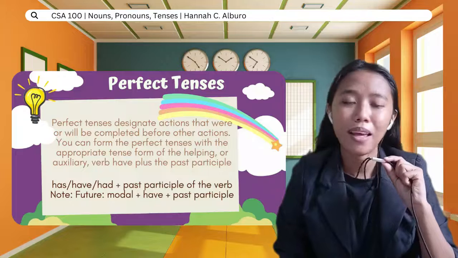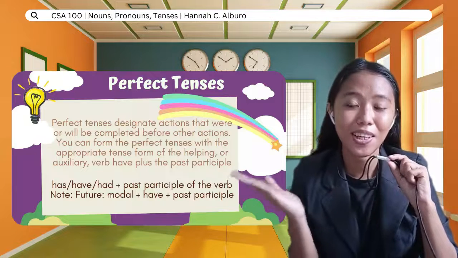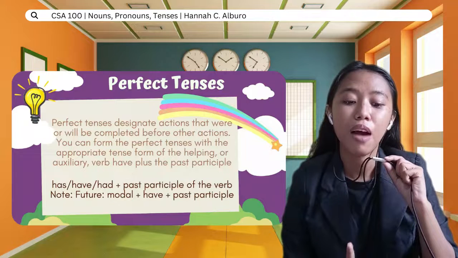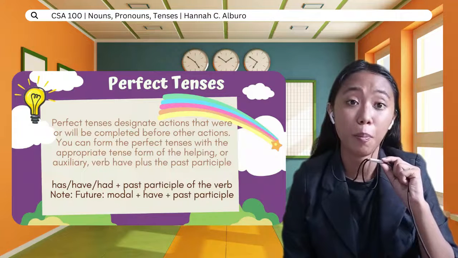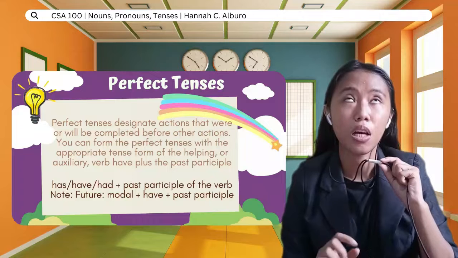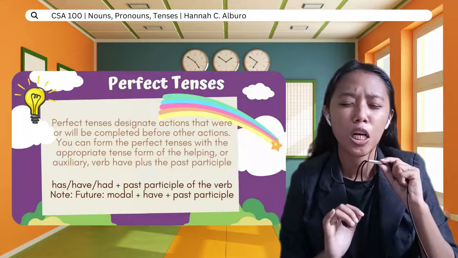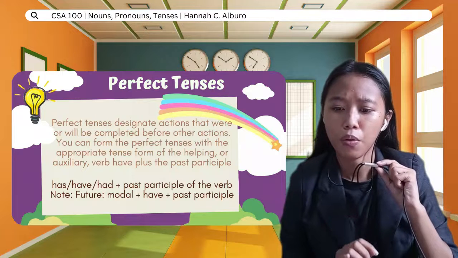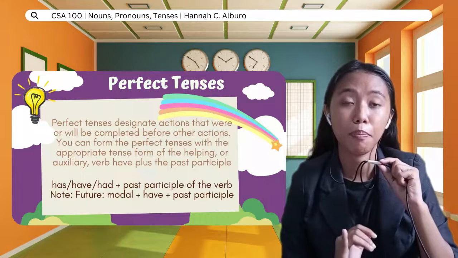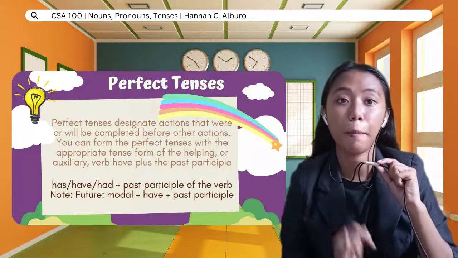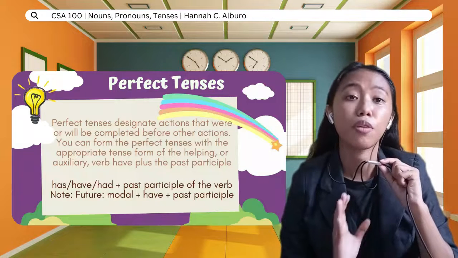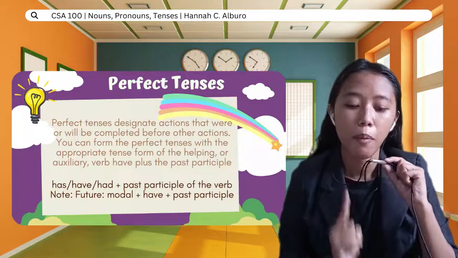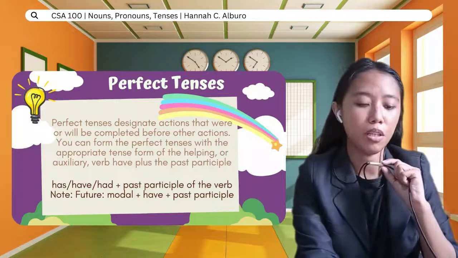To make it simple, we have here the formula: has, have, had, plus the past participle of the verb. That is for the present perfect tense and for the past perfect tense. Then for the future perfect tense, of course, there is a modal: modal plus have plus past participle.